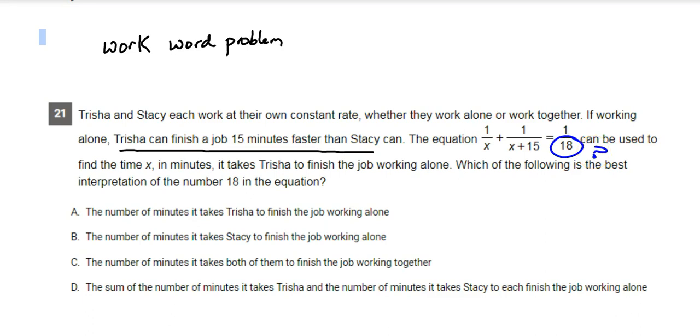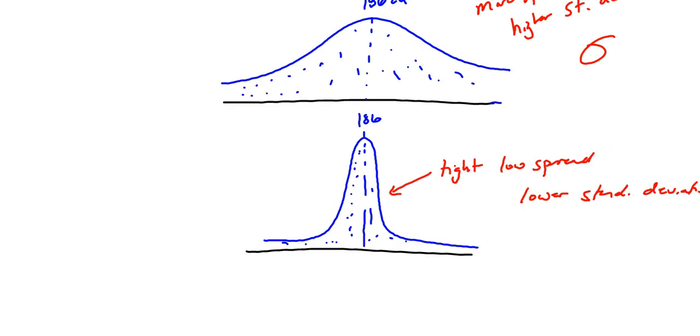Before I do that, let me go off the grid and explain a concept with these related work problems. In general, let's say you have two people. Person number one: I'm going to call T1 the time it takes person one to do a job.